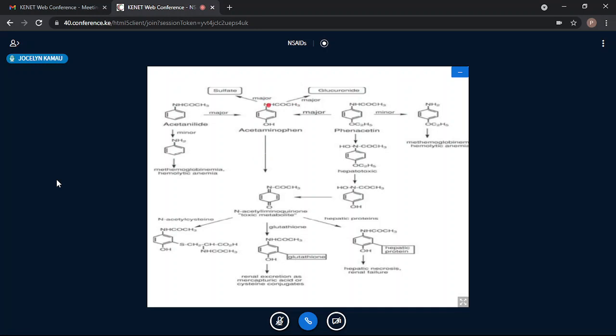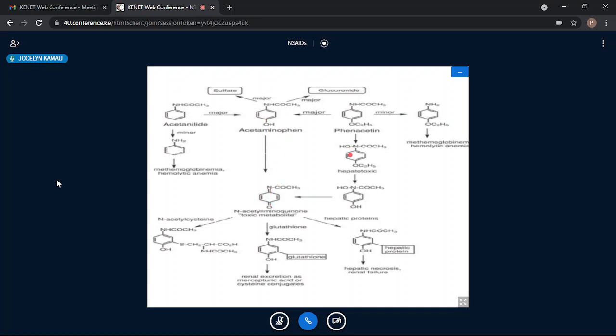Again, because of this group here, remember, it has a hydrogen here. This is the rare route of metabolism, which is catalyzed by cytochrome P450 enzymes, as we have said, the E1 and the 3A4. Those two enzymes can metabolize acetaminophen, and this will give us this group here. You can see that's a double bond.